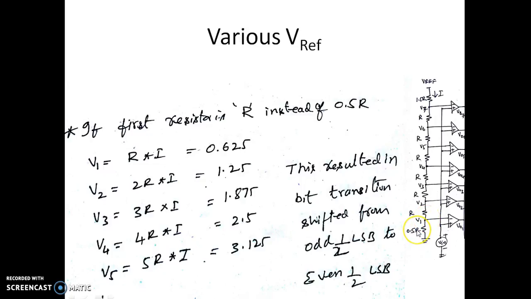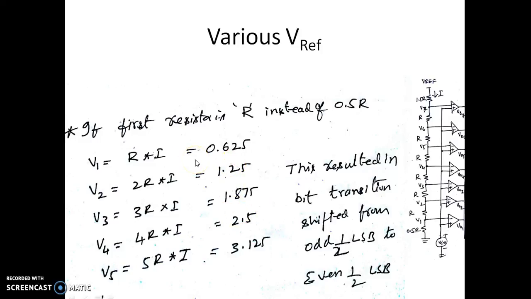If you replace this 0.5 R by R, this happens to be 1 LSB, 2 LSB, 3 LSB. What happens if you replace the bottommost resistor by R and this also by R? Instead of 0.5 R and 1.5 R, if you make this R and this also R, we end up with the voltages at V1, V2, V3 as LSB, 2 LSB, 3 LSB.